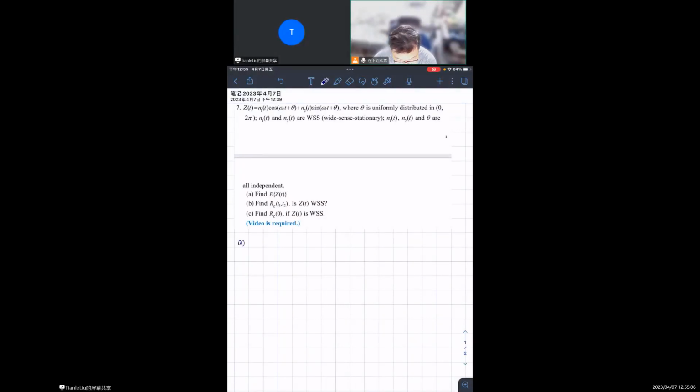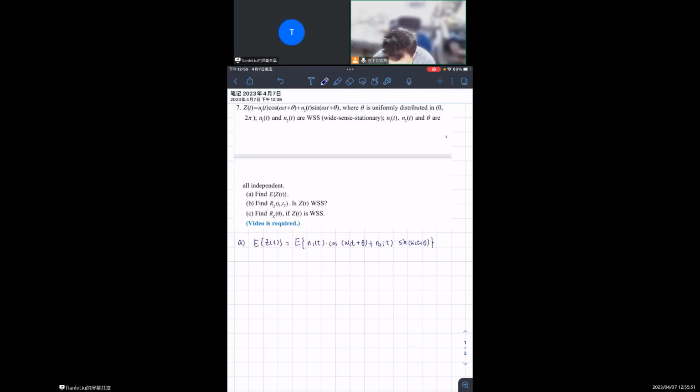For this one, the clue gives us the starting initialization of this problem: the expected value of Z(t) equals the expected value of N1(t) multiplied by cosine(omega_c t plus theta), plus N2(t) multiplied by sine(omega_c t plus theta).